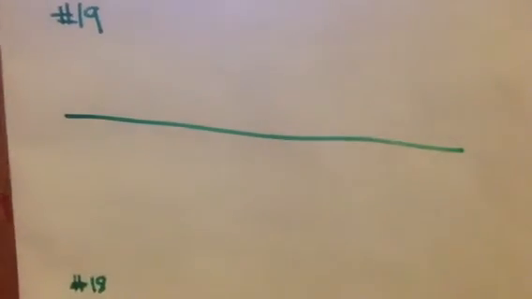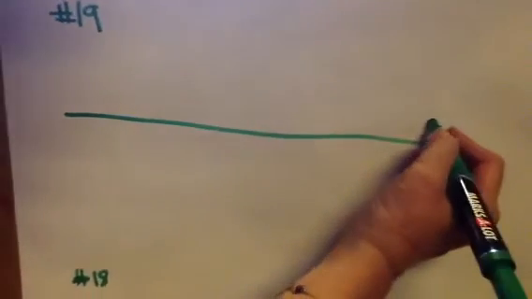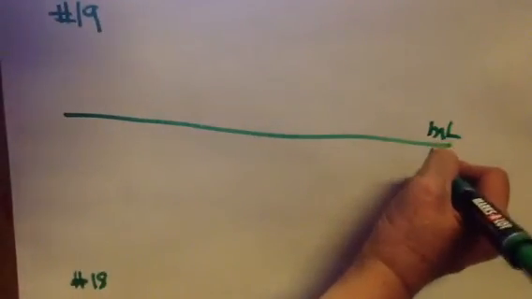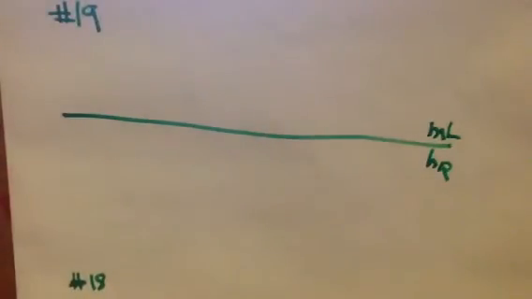Number 19. On this one, there's quite a few factors in here. So we want to know what rate we're going to set the pump at. So again, we always start with what we're solving for, our milliliters per hour when we're solving for the rate of our pump.